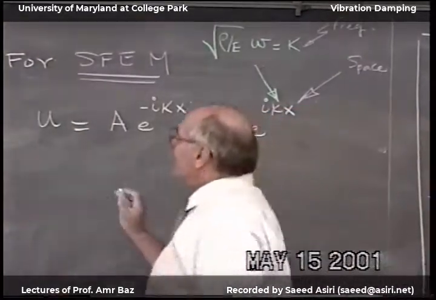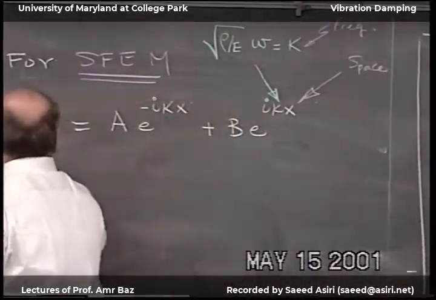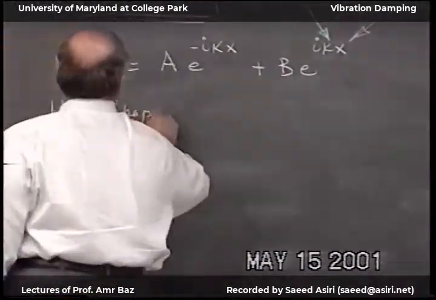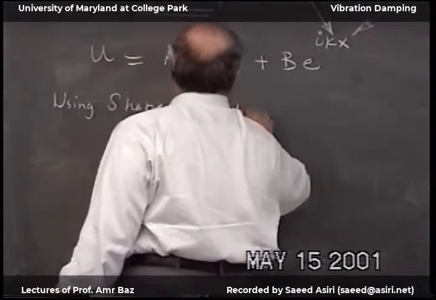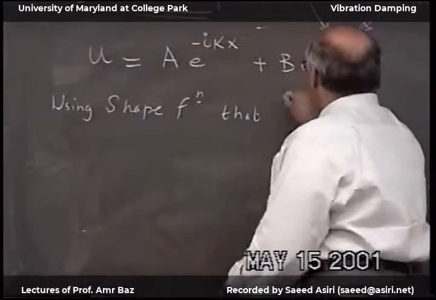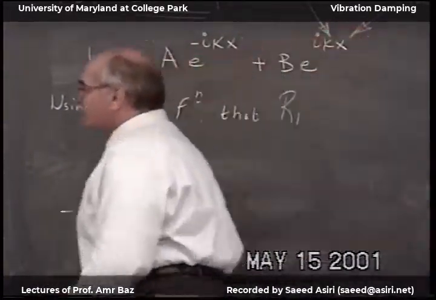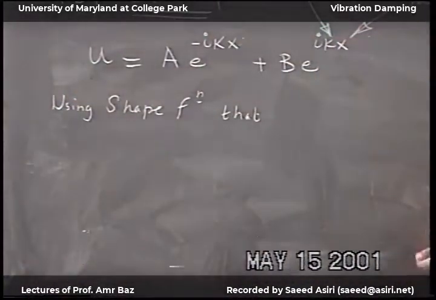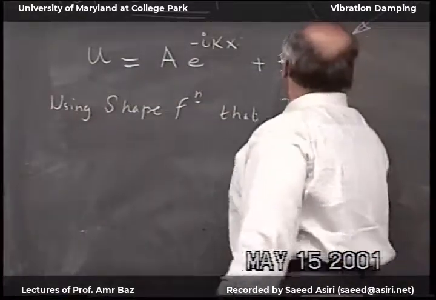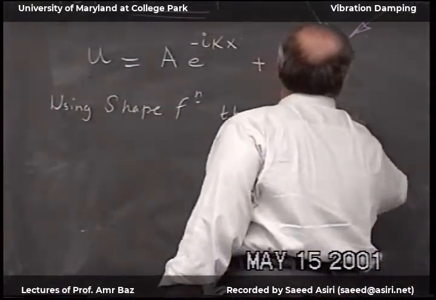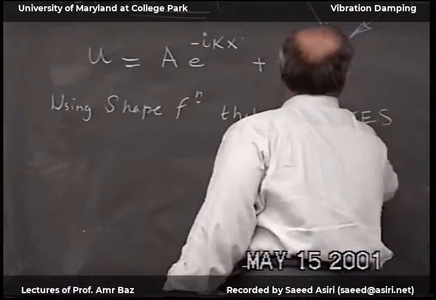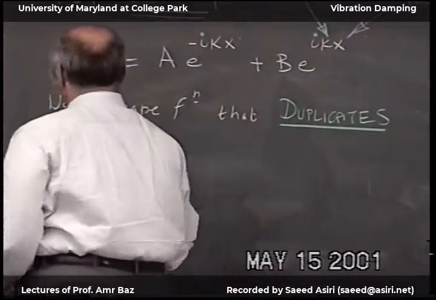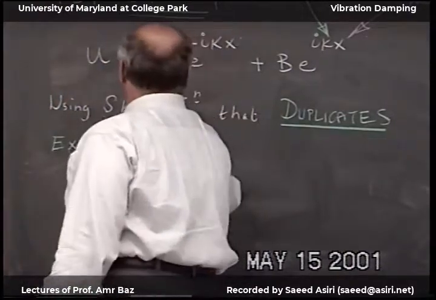So here, the main advantage of this is we're using a shape function that replicates or duplicates exactly the nature of the solution of the problem. That duplicates exactly the dynamic behavior of the rods.